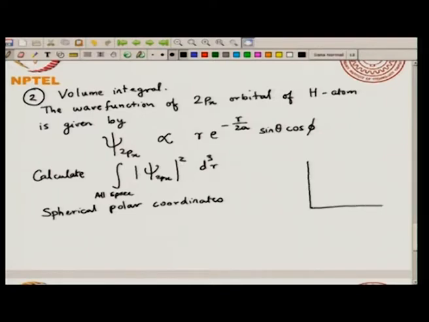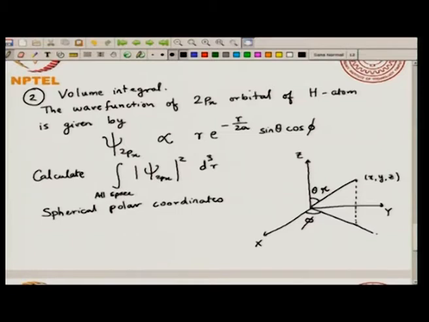If you have a coordinate system with axes x, y, z, and a point with coordinates x, y, z, then instead of using x, y, z, you use spherical polar coordinates. Here r is the distance of the point from the origin, theta is the angle that r makes with the z axis, and phi is the angle that the projection of r onto the xy plane makes with the x axis.